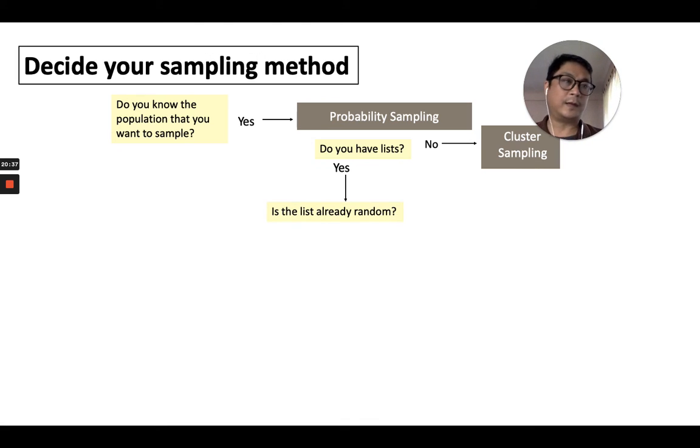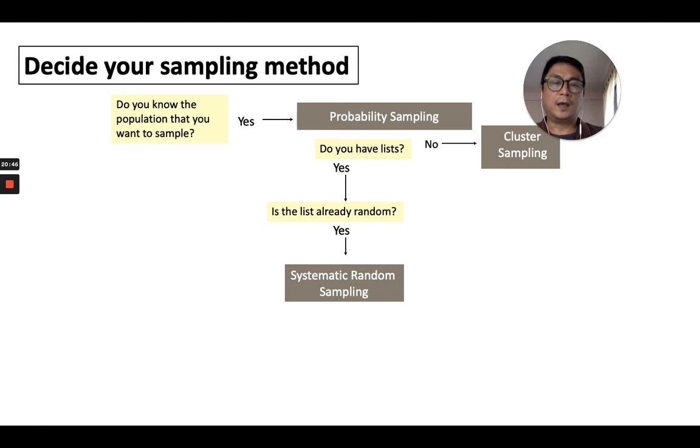Now, if you have lists already, let's say the number of voters in a barangay, okay? Next question, is the list already random? Okay? If it's already given to you randomly, for example, it's not given to you alphabetically, okay? Then you can do systematic random sampling.